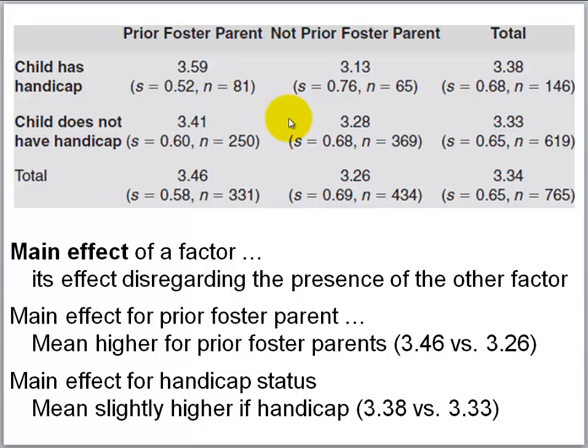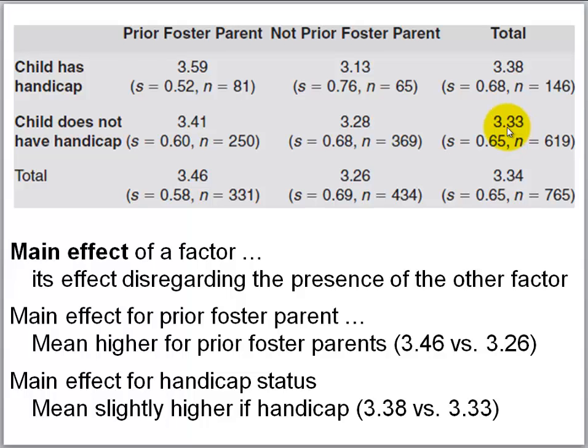Now, a factor's main effect is in essence the effect disregarding the presence of the other factor. It's the accumulated effect. So the main effect for a child has handicap versus child does not have handicap is given by the 3.38 versus 3.33 difference.